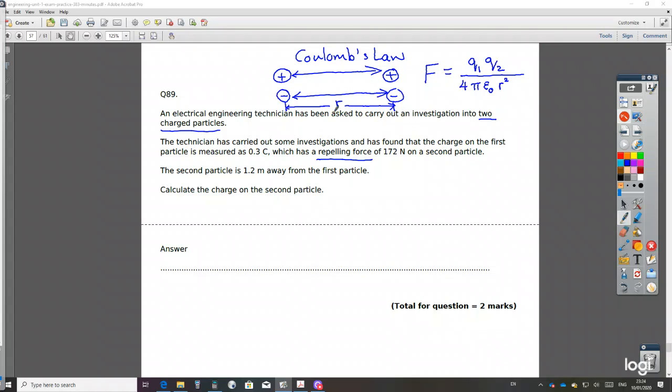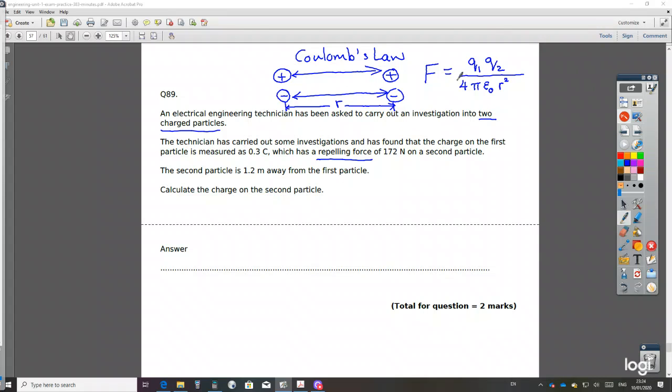And then the only thing you need to find is the charge on the second particle. So to get 2 marks, first you rearrange the formula so that Q2 is the subject.